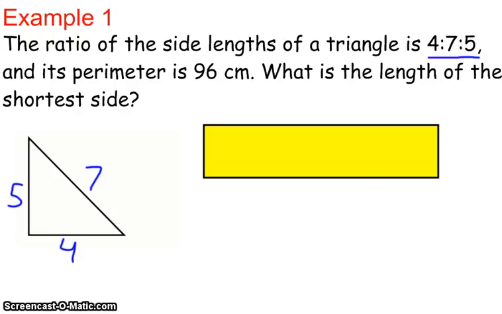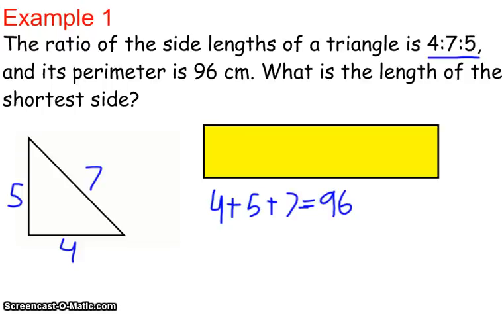Now I know that with the definition of perimeter, we're going to add up all the side lengths, and that has to equal 96. Now if I do that with the 4, 5, and 7 around this triangle, 4 plus 5 plus 7, that needs to equal 96, the perimeter. And it surely doesn't. 4 plus 5 plus 7 equals 16.